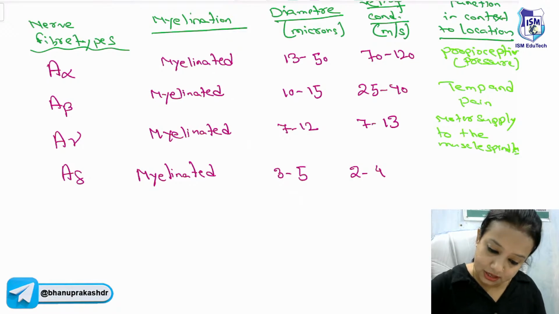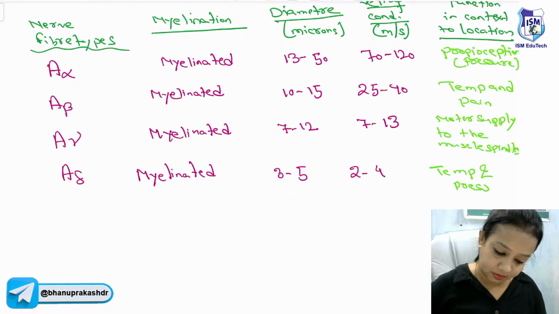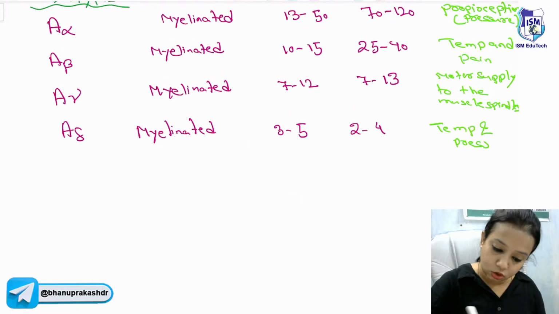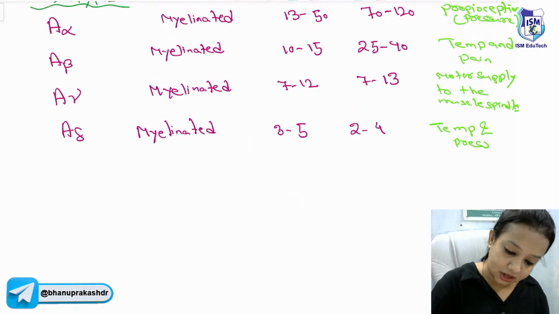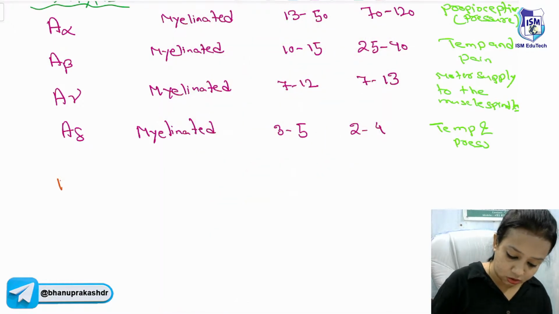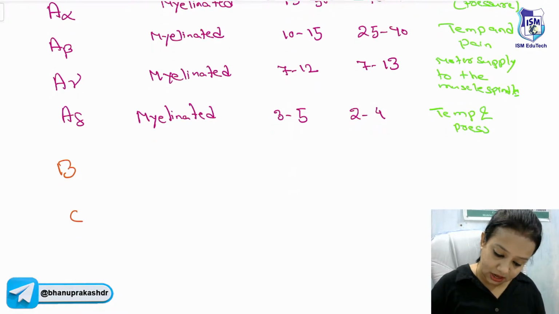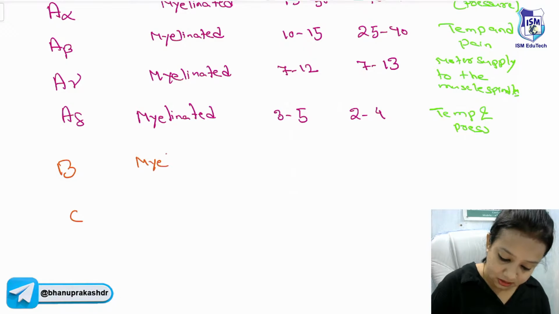And here it senses again temperature and pressure. Now these are the heavily myelinated nerve fibers. There are other classifications also, like the B and the C. Now B is myelinated sparsely.